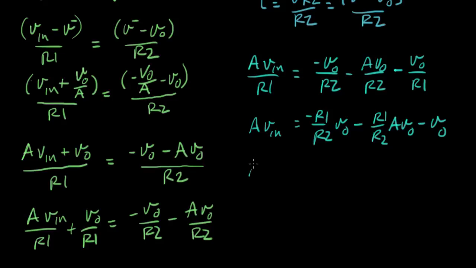All right. A V in equals, I can factor this term, minus R1 over R2 times V naught, out of here and here. So I can do minus R1 over R2 V naught times 1 plus A, minus V naught.